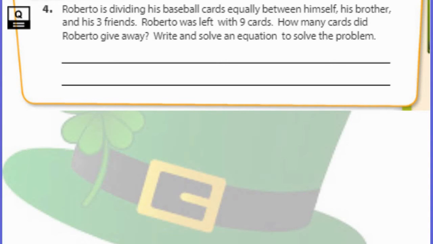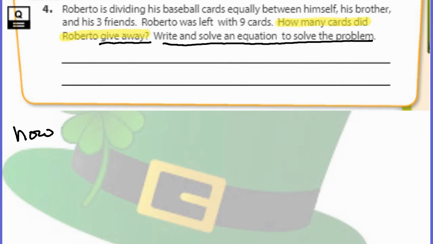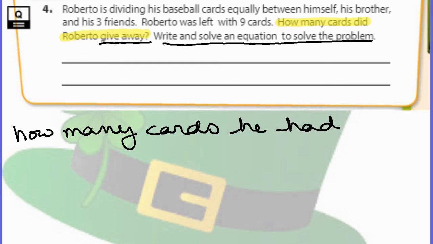Alright, so first and foremost, the question is asking us, how many cards did Roberto give away? So it's important to note that we're looking for what he gave away. And then we know that we need to write and solve an equation to solve the problem. So a couple of things that I need to know. I need to know how many cards he had, because obviously I want to know how many he gave away.